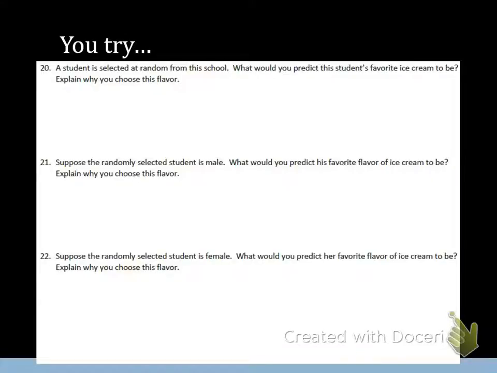Okay, well, if I take a look back at my table, I see that the preferred flavor was chocolate. So if a student was chosen at random, I would think that it would be chocolate because in the survey that's what's shown.